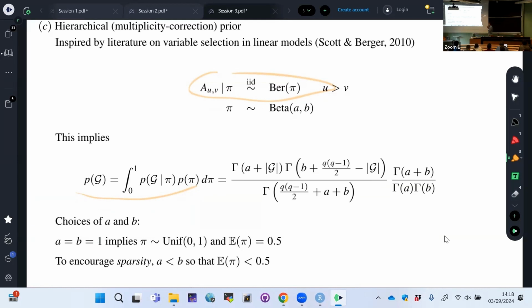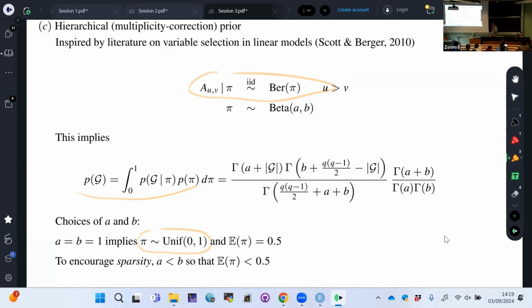If we set A and B equal to 1, we know that a beta(1,1) is a uniform, right? So this will imply that all values of pi are equally likely, and that the expected value of pi is 0.5. Otherwise, we may want to encourage sparsity, and this can be achieved by choosing A smaller than B, so that the expected prior probability of edge inclusion is smaller than 0.5.